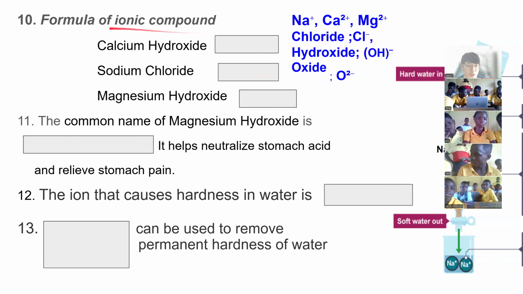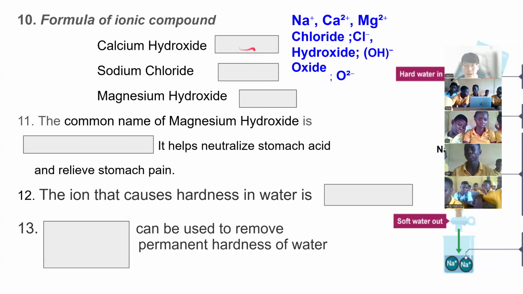So let's look at calcium hydroxide, for example. Calcium is a 2+ ion, Ca2+. Hydroxide is OH-. So can we do CaOH? No, because that does not make it a neutral charge, because 2 minus 1 is still positive 1.